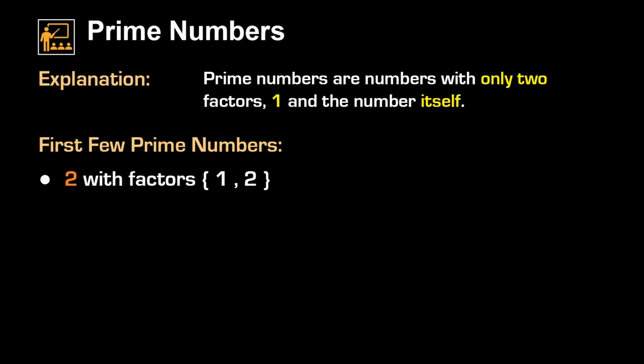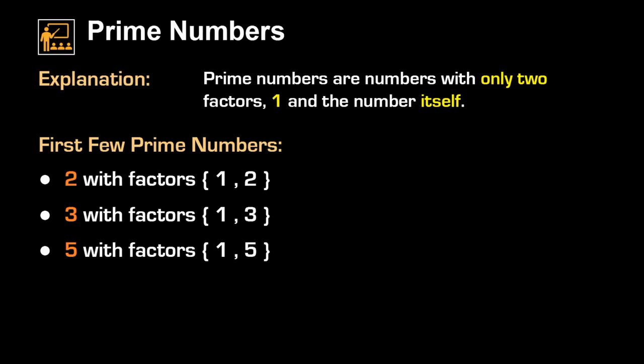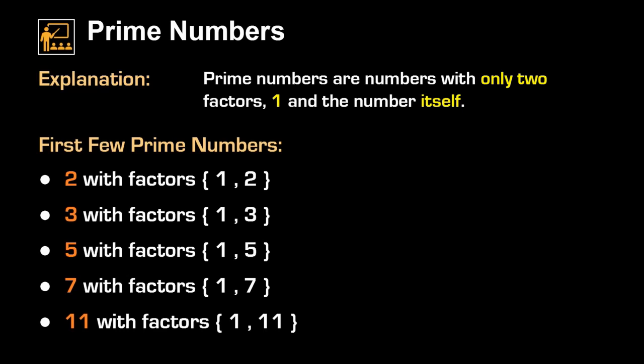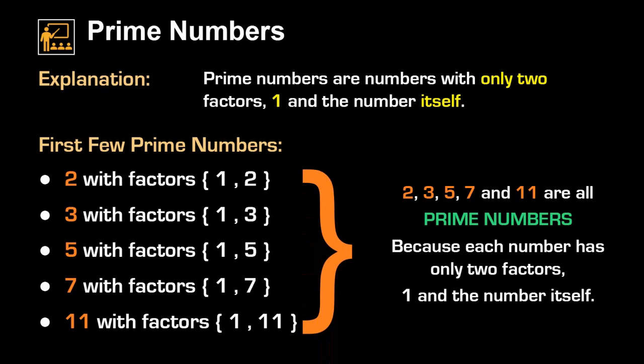The next prime number is 3. 3 has factors 1 and 3. Then we've got 5 with factors 1 and 5. We have 7 with factors 1 and 7. And then we have 11 with factors 1 and 11. Now 2, 3, 5, 7, and 11, they are all prime numbers because each number has only two factors, 1 and the number itself.